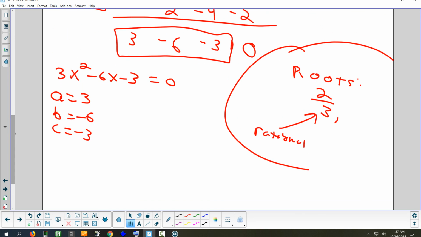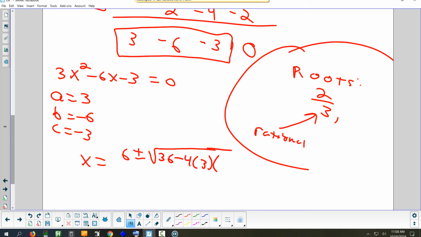Okay, so quadratic formula, what comes first? Careful. Well, yeah, it's going to be x equals negative b, in which case is negative 6, plus or minus the square root of b squared, good, good, over 2a.